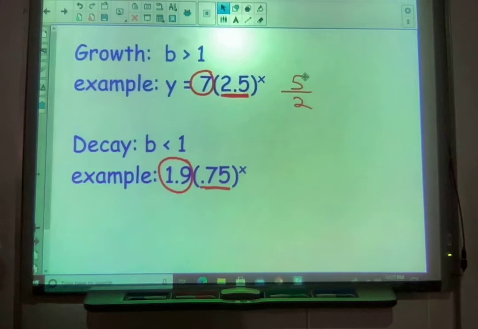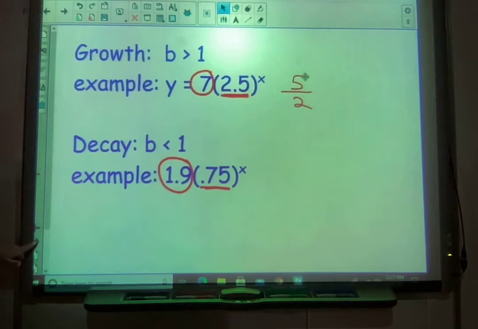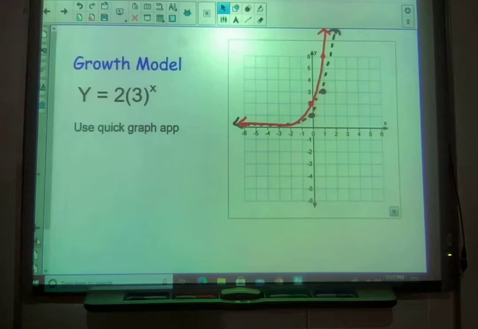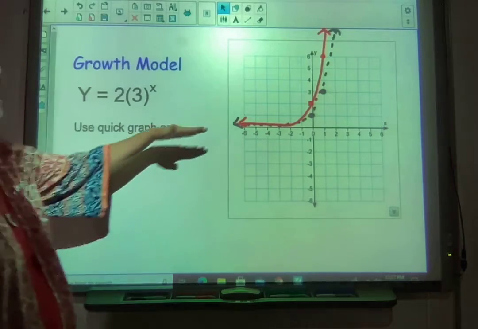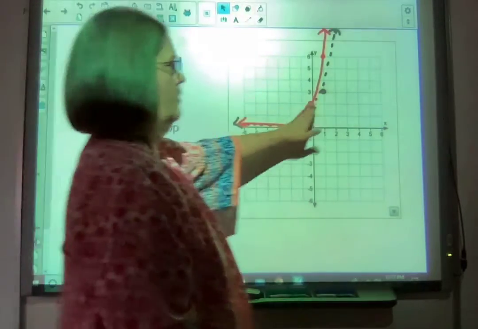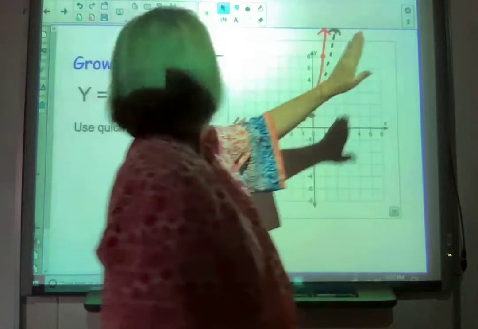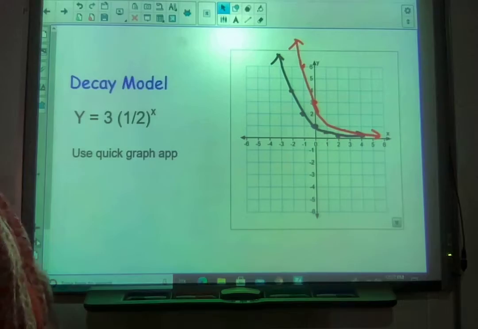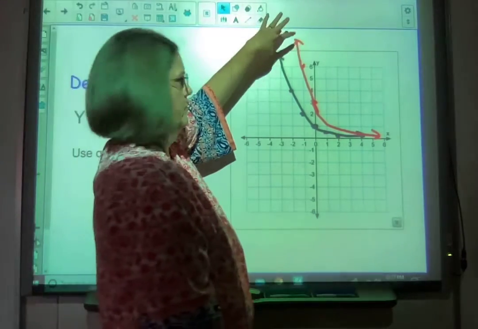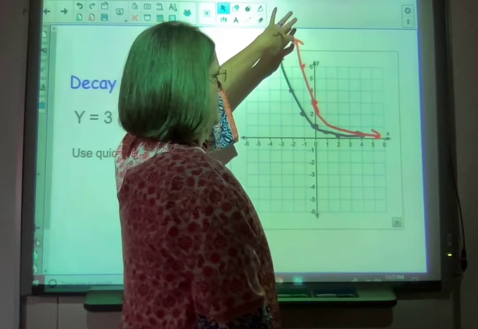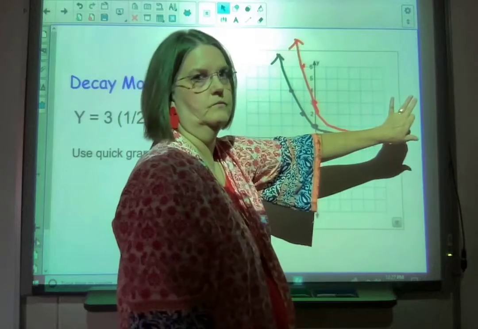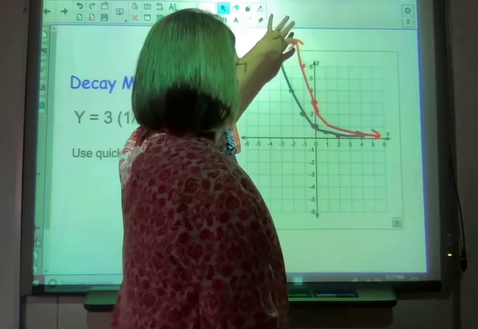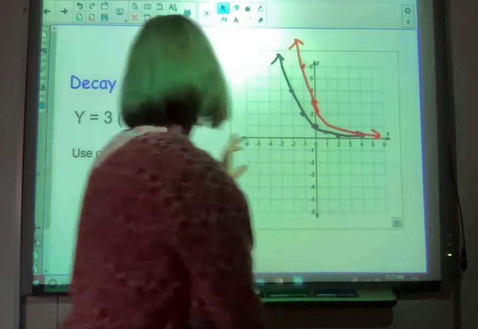So greater than 1, growth; less than 1, decay. Here's a growth model. A growth model will start from the left and go up. A decay model will start on the left and swoop down like this. So it's up high on the left, that's decay.